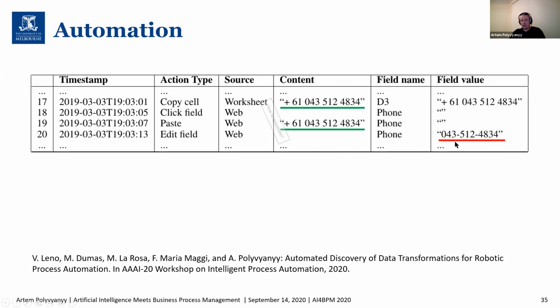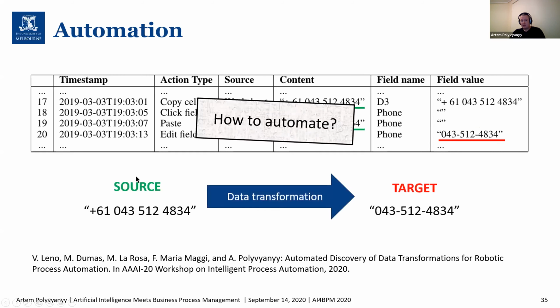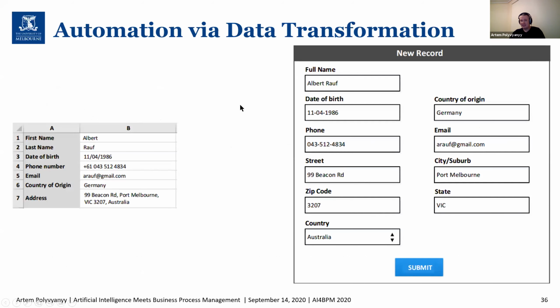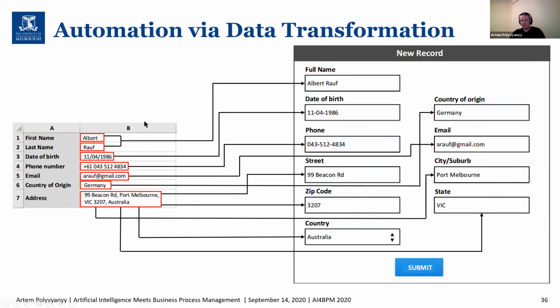So how do we automate this? If we have one format of data as input and another format of data as output, we also had a paper on that. We look at the whole task of transferring the data as a big transformation, where for certain fields we will join the data elements.